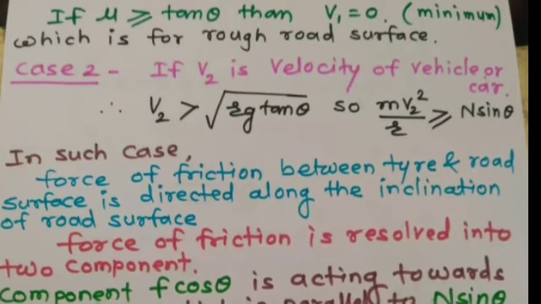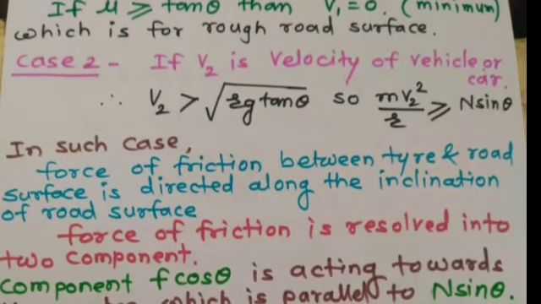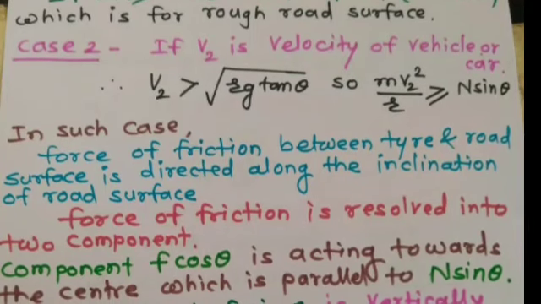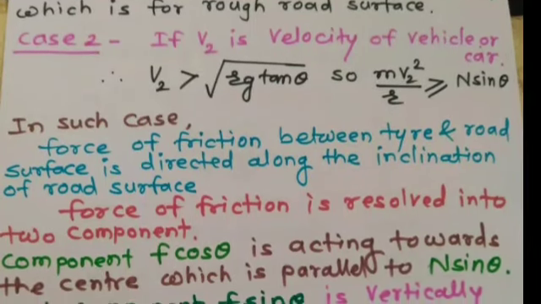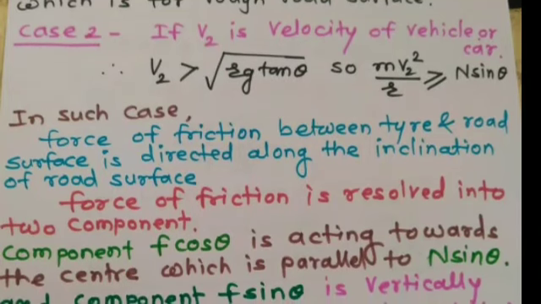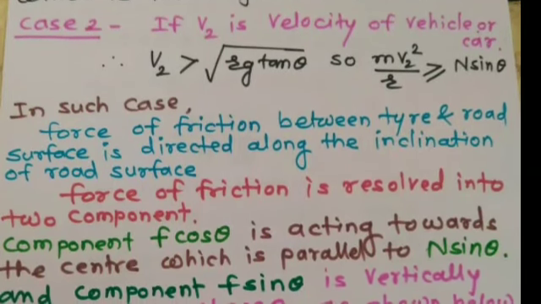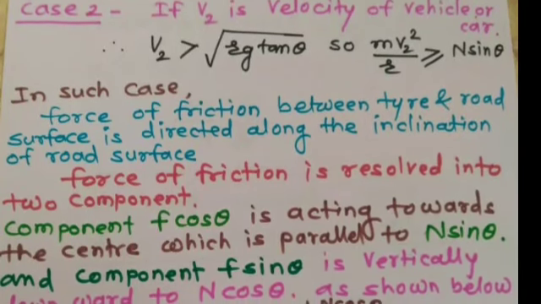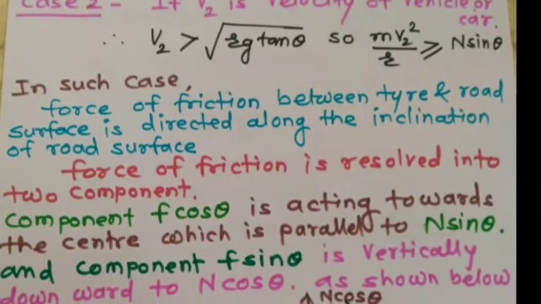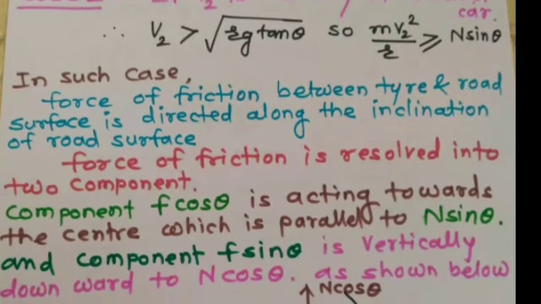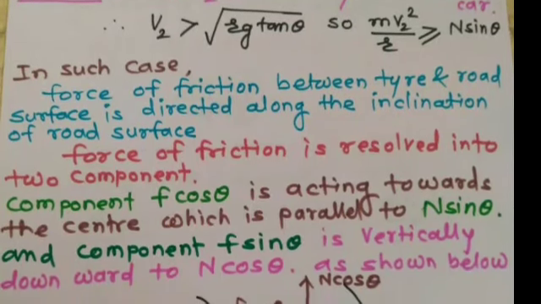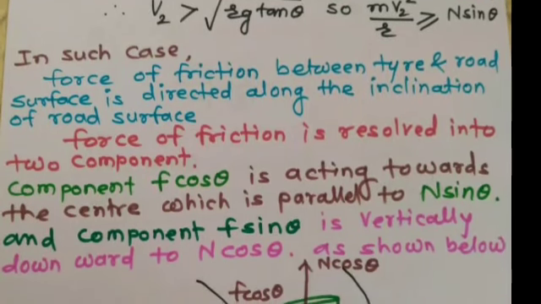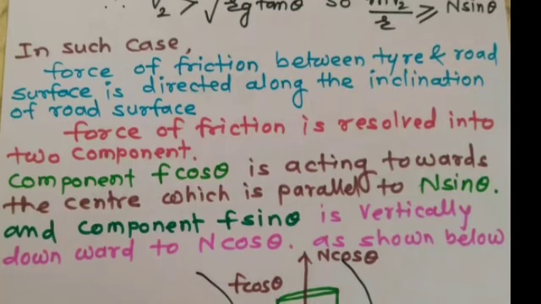Case 2: if v2 is the velocity of the vehicle or car, v2 is greater than the square root of Rg tan theta. So mv2 square upon R is greater than or equal to N sin theta. In such a case, the force of friction between tire and road surface is directed along the inclination of the road surface.